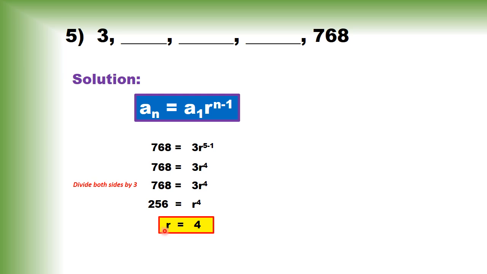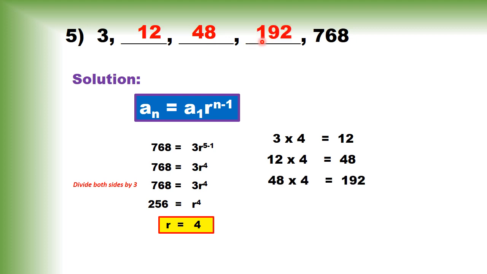So their common ratio is 4. To get the next number, multiply 3 by the common ratio r equals 4. From left to right, 3 times 4 is 12, times 4 is 48, times 4 is 192, times 4 is equal to 768.